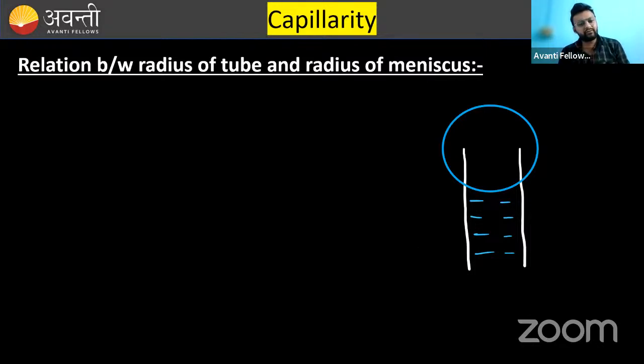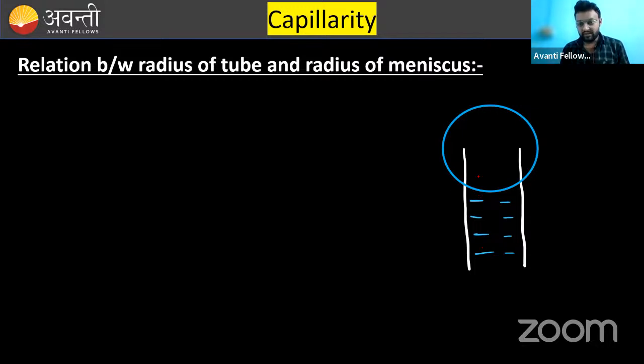Now, the relation between the radius of the tube and the radius of the meniscus. What we discussed previously when we were discussing the rise formula, the radius of the tube is used. Now, in some questions, you may find that they have given the radius of the meniscus.